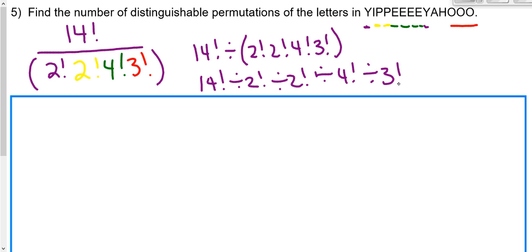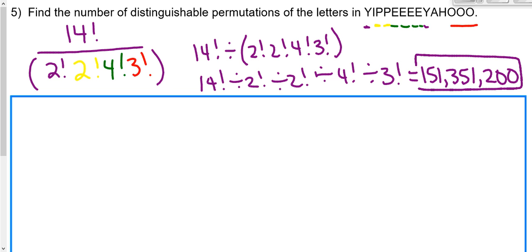You can do it either way. Let's see what we get. I got a number so big I don't know if I can squeeze it in this space. 151,351,200. Is that what you got?